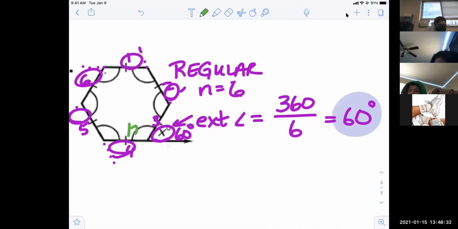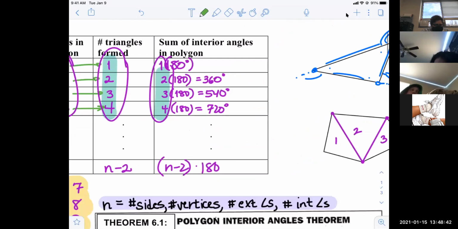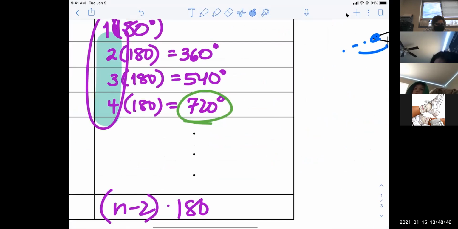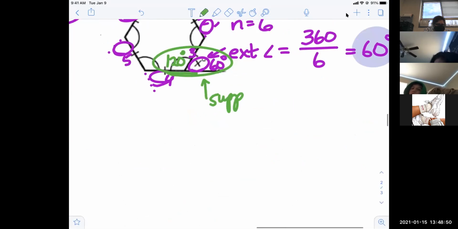All those things should go together. These have to add to 180. And also the sum of the interior angles in a hexagon is 720. So 720 divided by 6 is also 120.